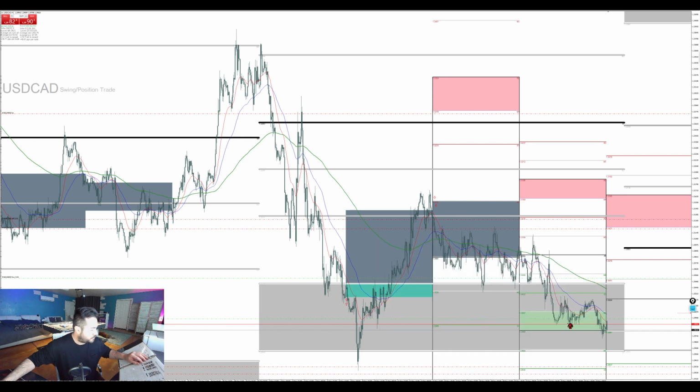Okay. Very last one, since I'm already on the CAD, this is an existing swing trade, and it's going to be order number 6553, and it's a buy. This is an older one. 6553. And this is my stop for it.